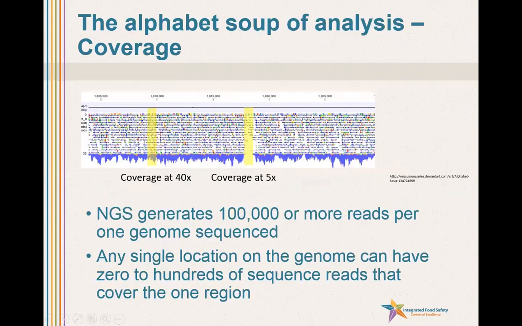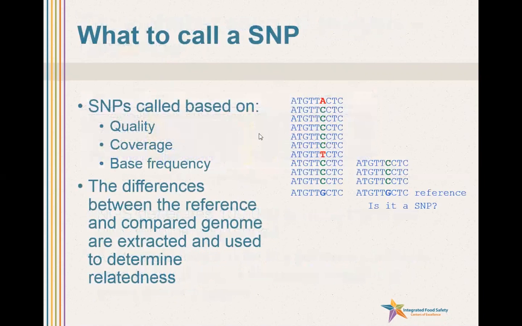We could set a coverage cutoff, for example, at 25 fold or 25x. So that is one way to filter out lower quality SNPs. An additional way, in addition to coverage, is to use base frequencies to define high quality SNPs.